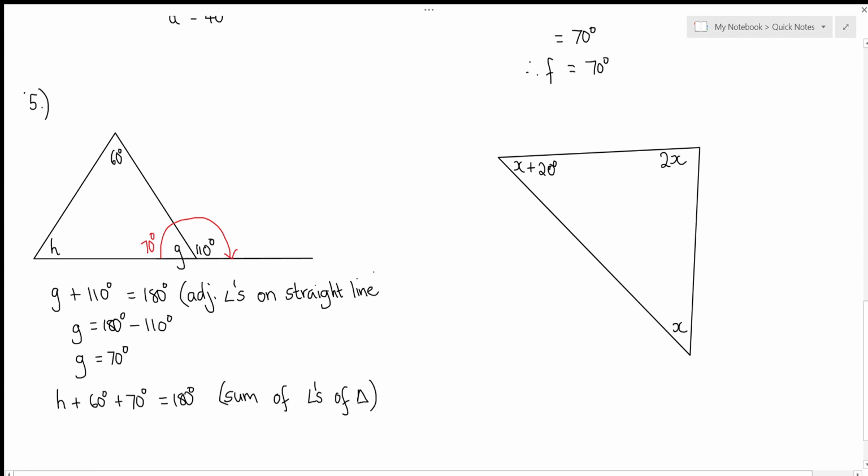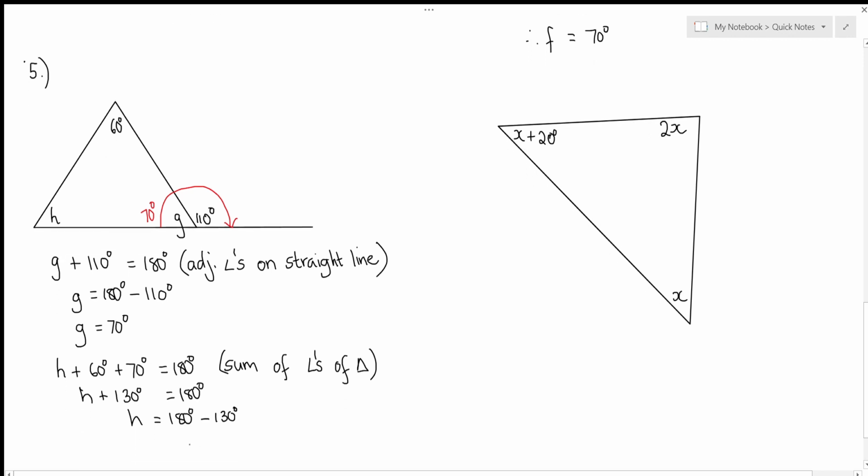So let's add them together. So 60 plus 70, that's 130. And so here we're going to have H equal to 180 degrees, subtract 130 degrees. So H will equal 50 degrees.